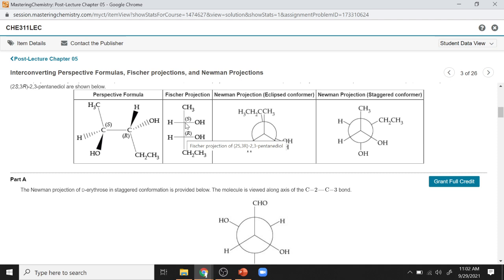And whenever you're doing this, you're always going to be talking about a chiral center, right? So you always just look at that chiral carbon, and that's the perspective. You look at the next chiral carbon, and you don't go down, down, down, down, away, away, away, away, right? You're only looking at one chiral center at a time, okay? So you look at this chiral center, and these come out towards you, right?